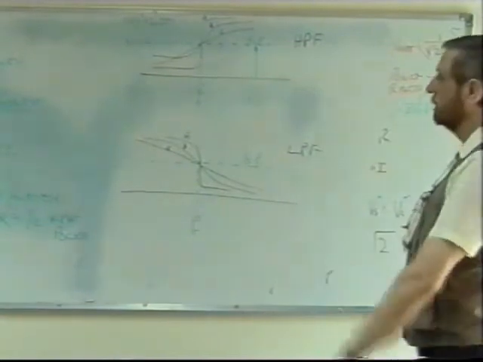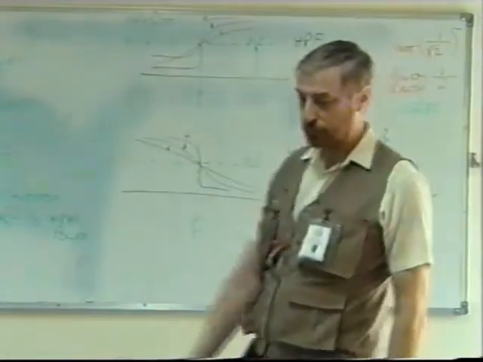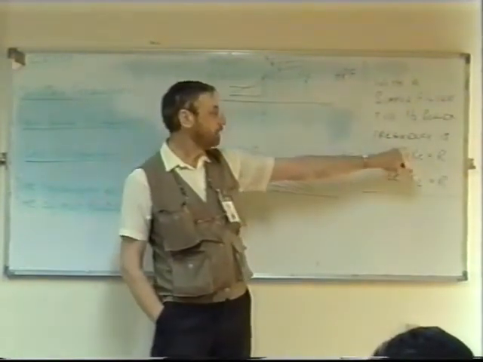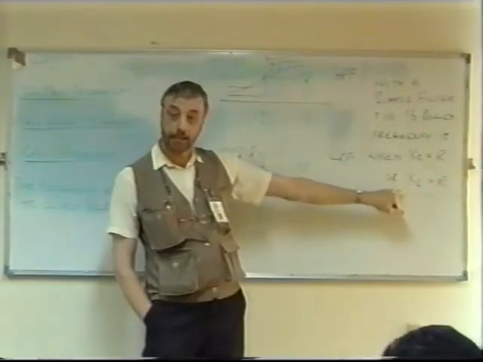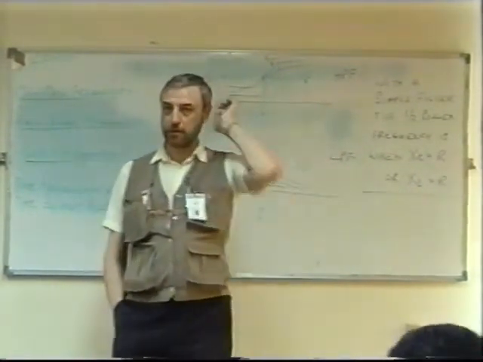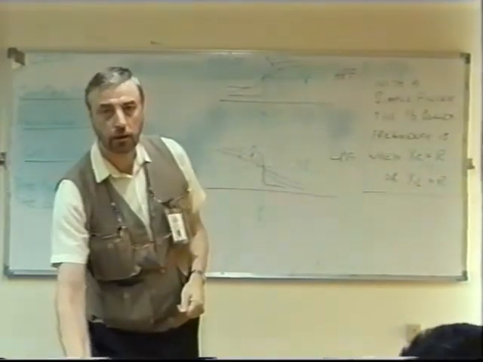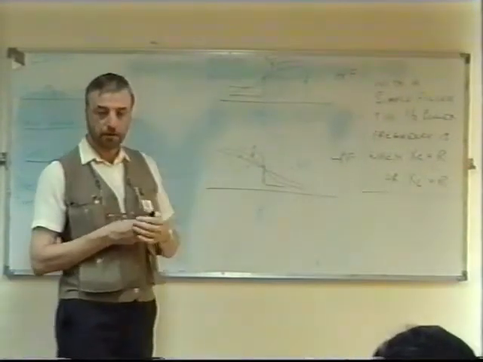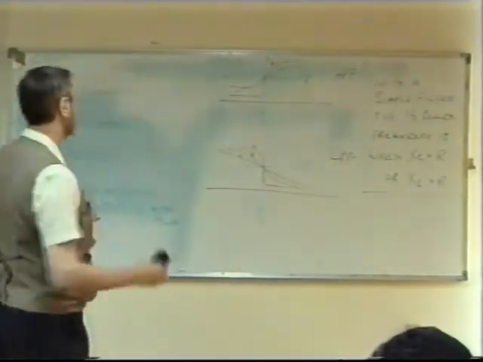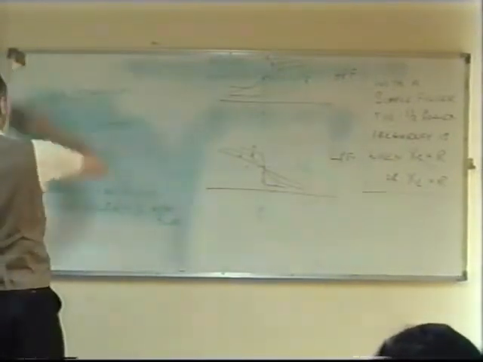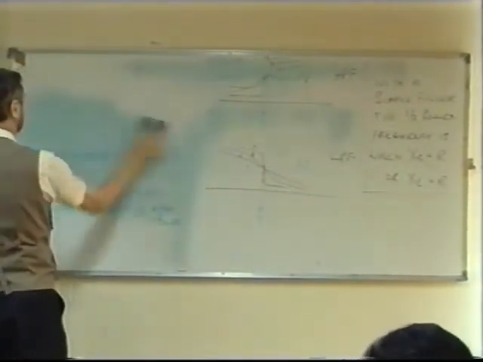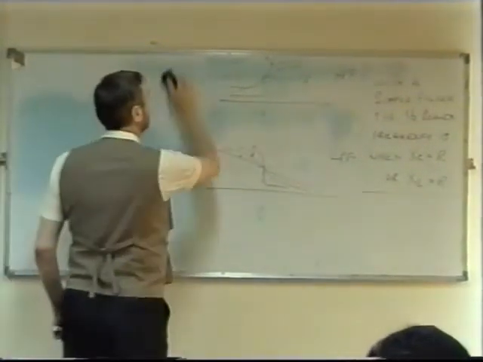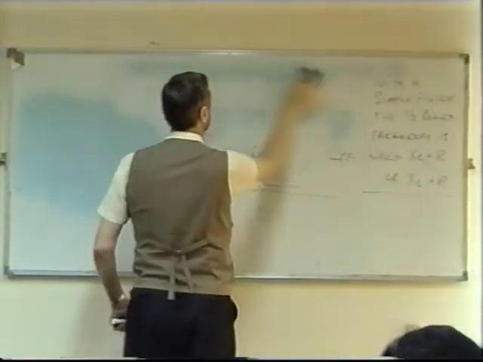Okay, that's great now. With a simple filter, the half power frequency is when XC equals R, or when XL equals R. A simple filter is one with just one resistor and one reactance, either an inductor or a capacitor.